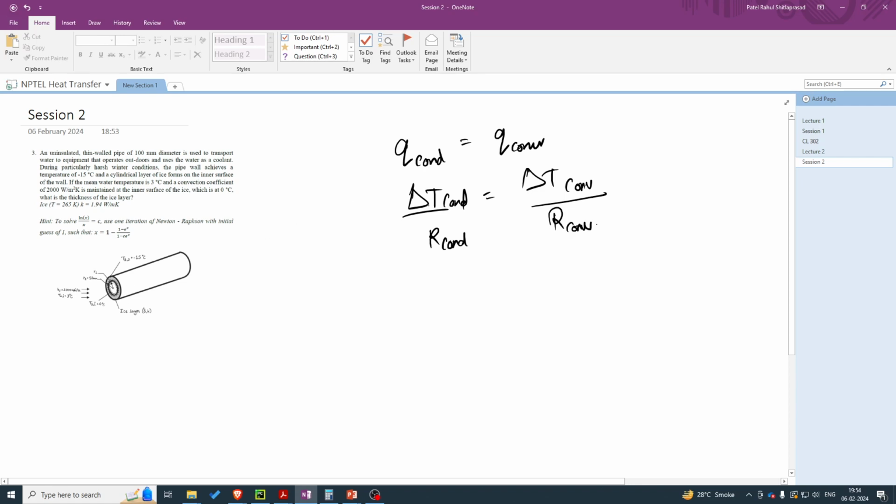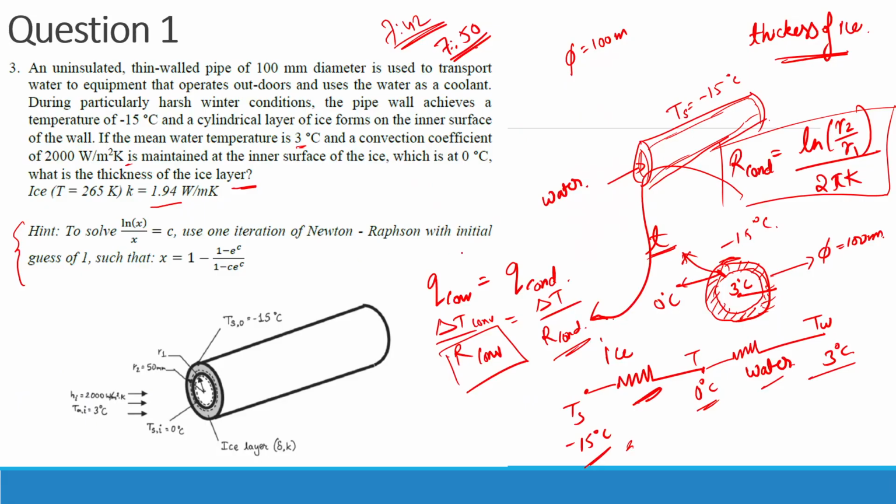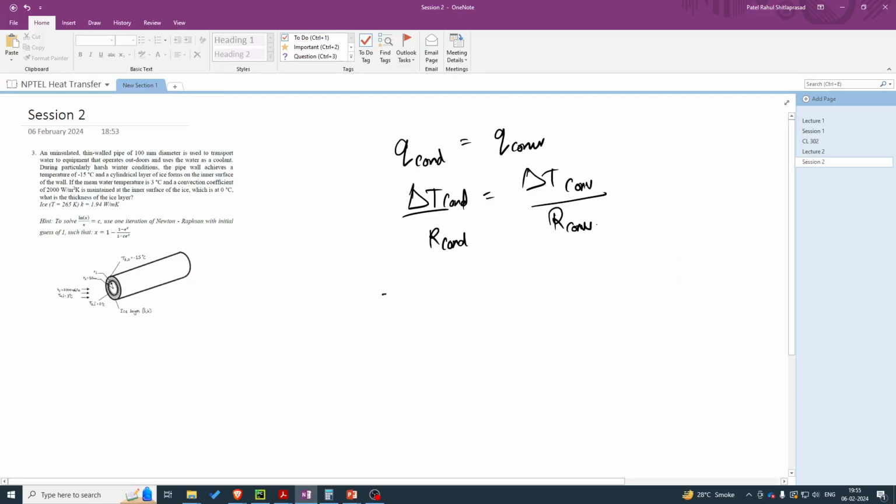The temperature difference for conduction, as shown in this resistance diagram, is minus 15 minus 0, whereas the temperature difference for convection is 0 minus 3. So minus 15 minus 0 and 0 minus 3 upon the resistances.